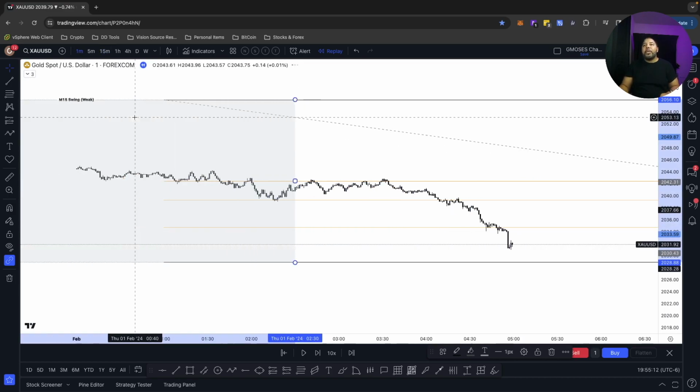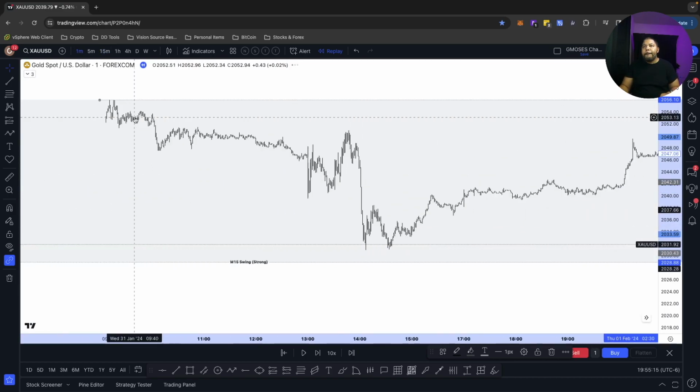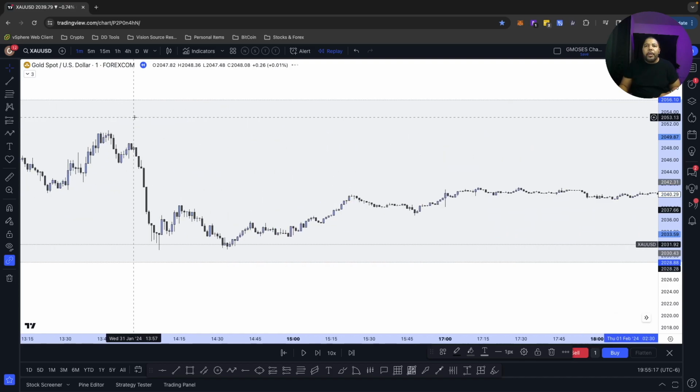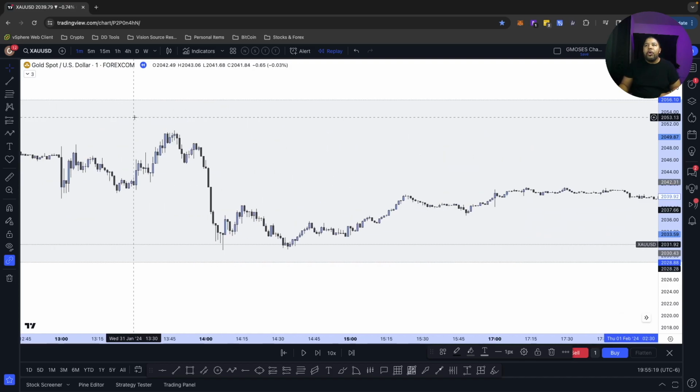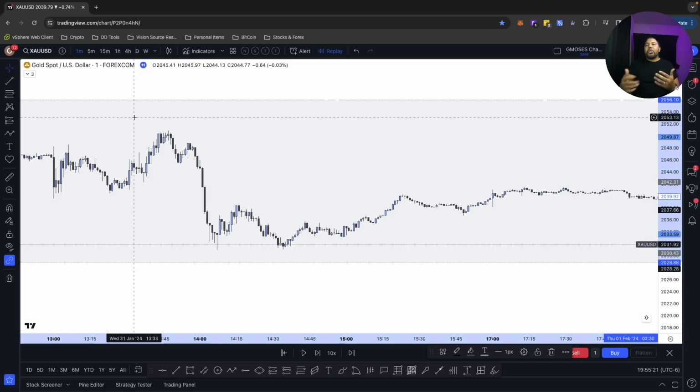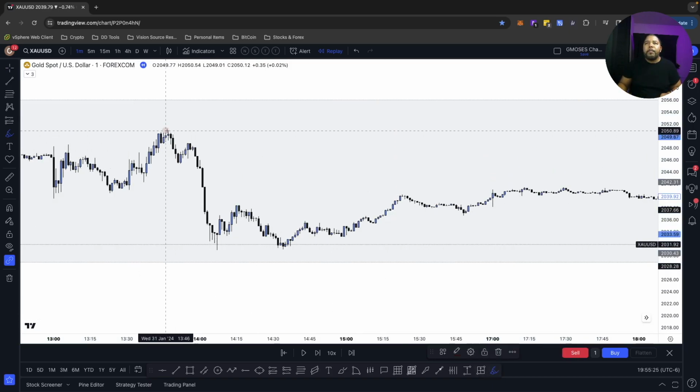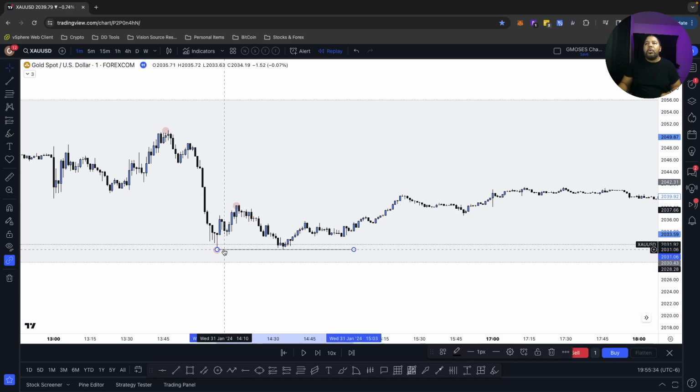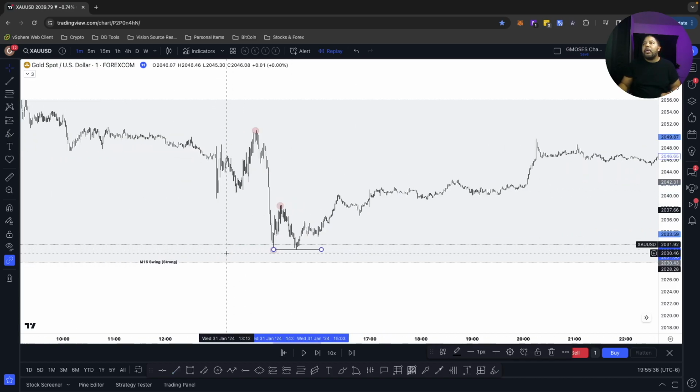So let's go to the 1 minute time frame. In this area, we can see we didn't necessarily have a break of structure on the 1 minute time frame because we had a high, we had a low. This would have been a potential high. However, I can see that price never broke this low in this area here.